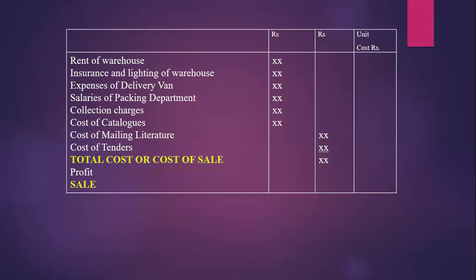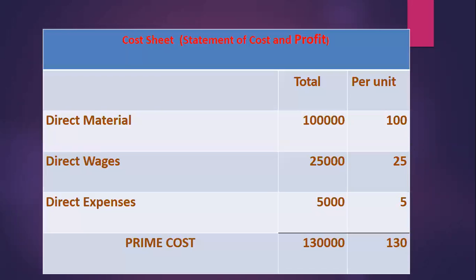For better understanding, I have one solved question here. I have taken some assumed figures to show how the values come. Can you see this? The doubt is whether the name changes after adding WIP and finished goods. WIP and finished goods are two different things.